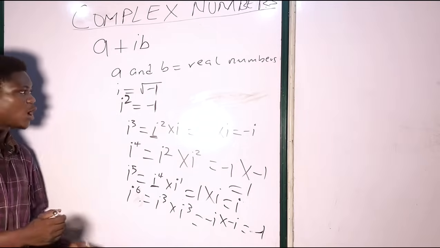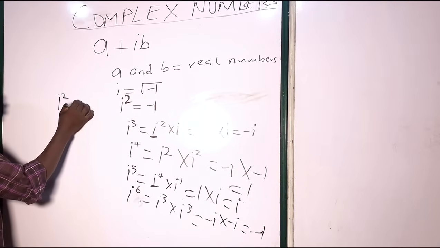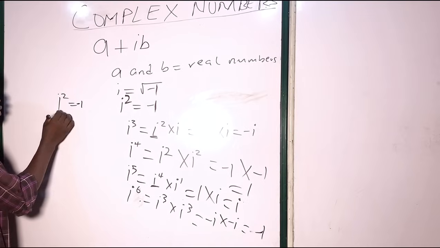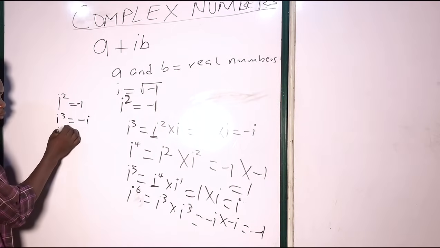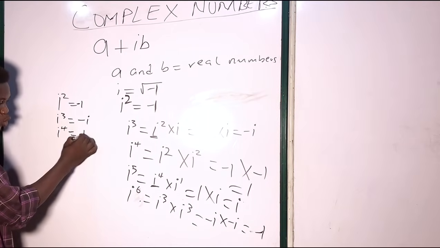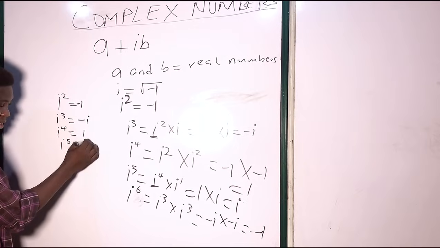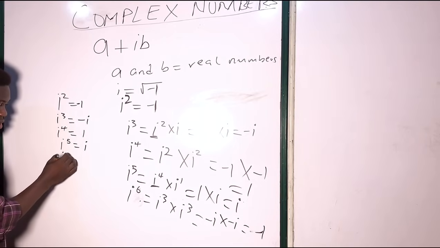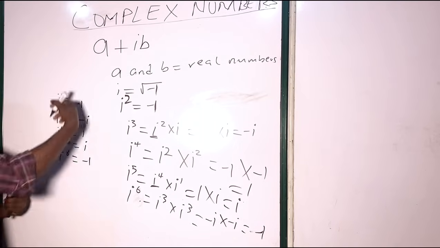So I don't know if you are observing the pattern. i squared is -1. i cubed is -i. i raised to the power 4 is +1. i raised to the power 5 is +i. i raised to the power 6 is minus 1.